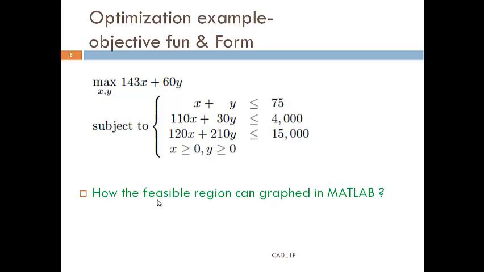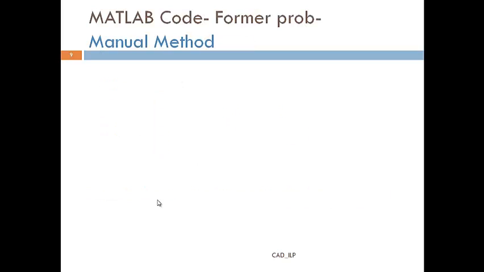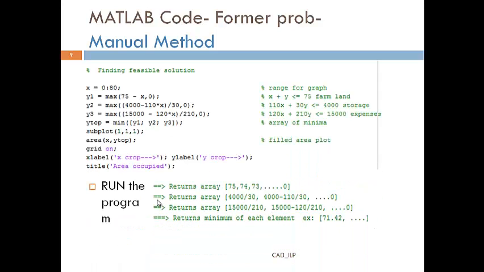Now let us see how this feasible region can be plotted in Matlab. You can see the code here. X is equal to 0 to 80, and then Y1, Y2, Y3 are the maximum. These are the three equations that have been formed from the decision variables, that is, the equations of constraints which contain decision variables.